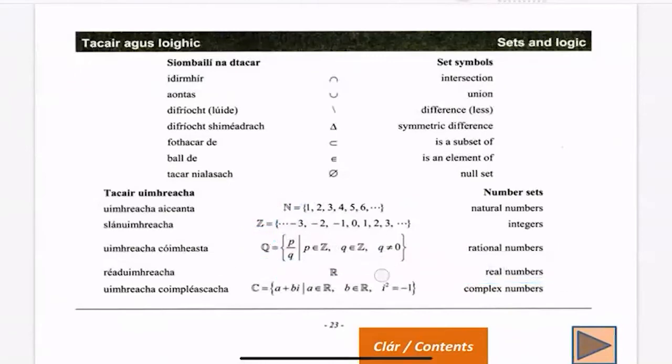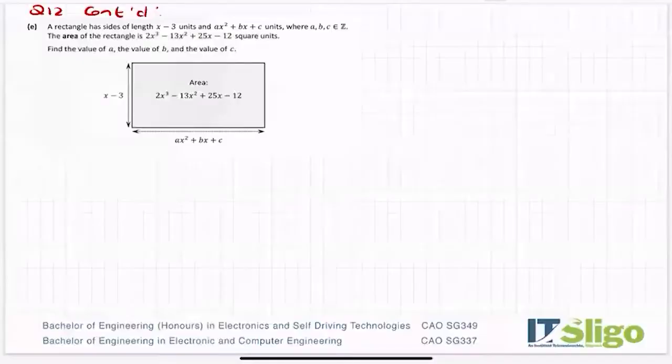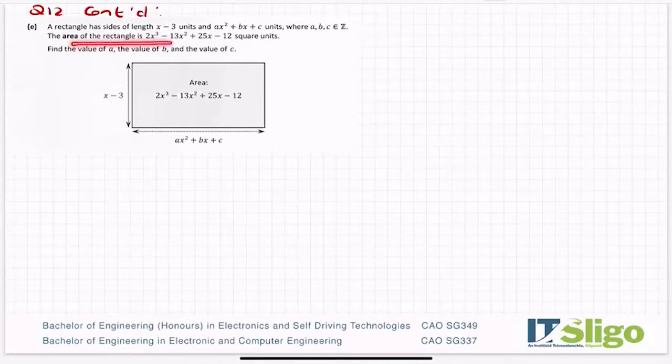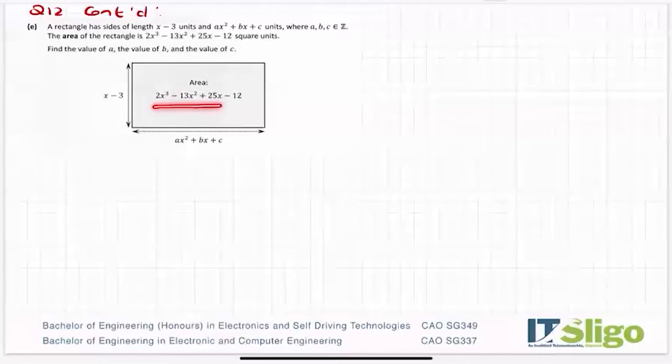So z is an integer. Not that you had to really know that, but when you know it, it doesn't scare you as much. The area of the rectangle is 2x cubed minus 13x squared plus 25x minus 12. Find the value of a, the value of b, and the value of c.